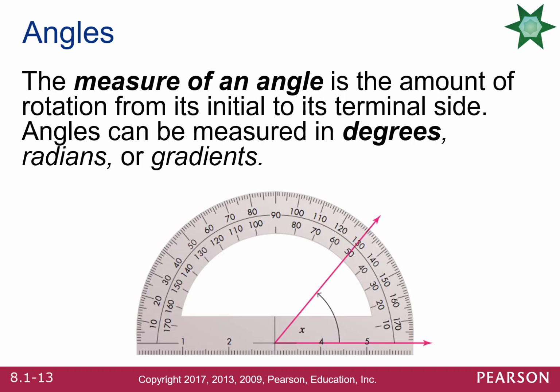Now, angles can be measured based on how much the terminal side has rotated from the initial side. Recall that angles are made of two rays, and one of the rays, which is called the initial side, is positioned horizontally, and the other ray is the one that rotates from the initial side, and the extent to which it has rotated from the initial side is the measurement of the angle.